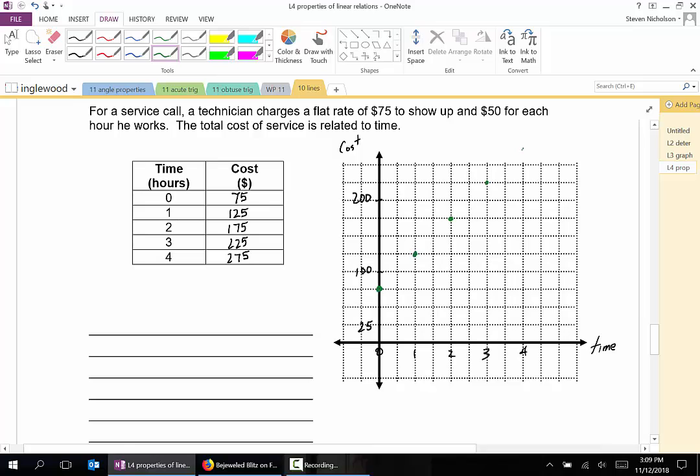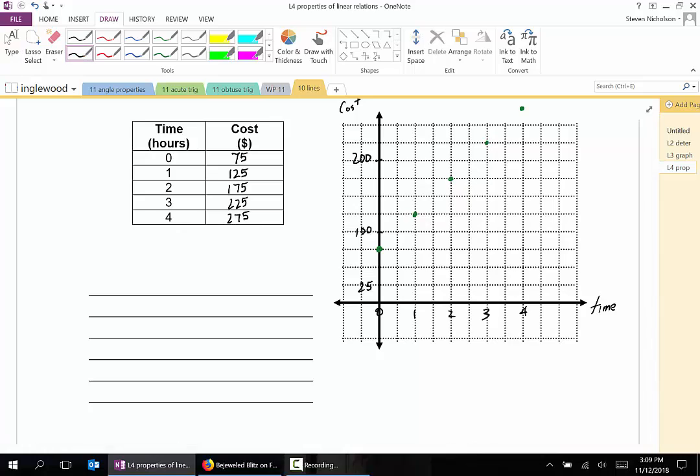So in this case, the points obviously line up. Is this a linear relationship? Yes, it's linear. And how can we tell? Well, you see the graph, the points line up, but also if we look at our table, here's our change: plus 50, plus 50, plus 50, etc., as we add an hour, as we plus 1.